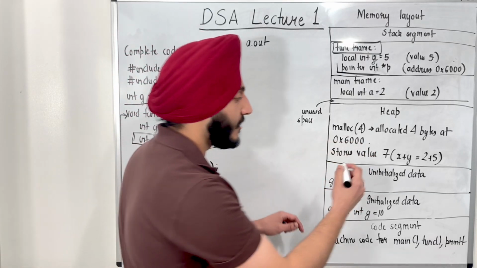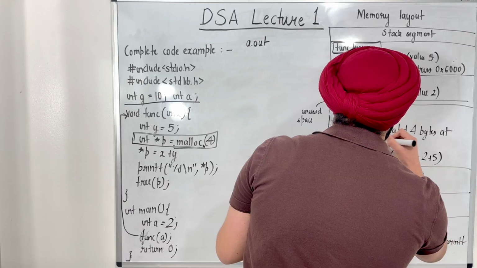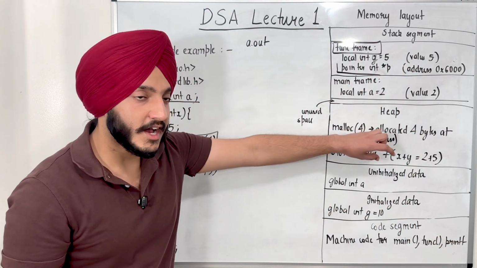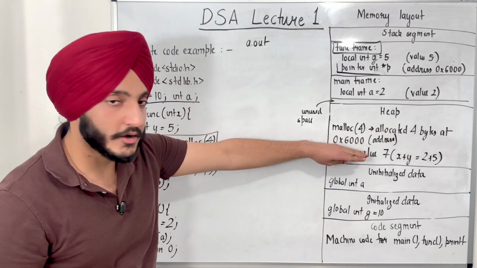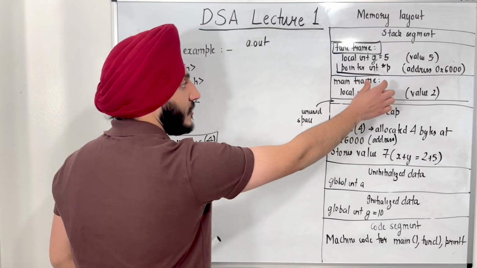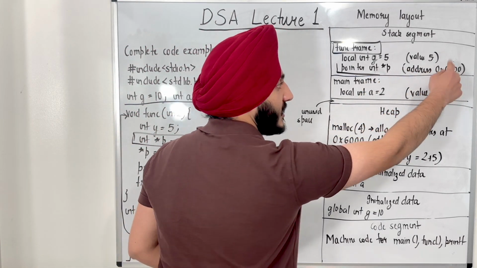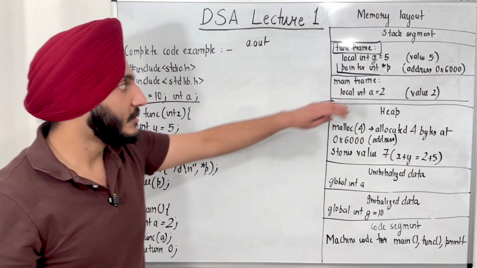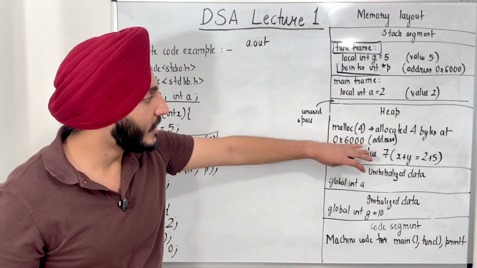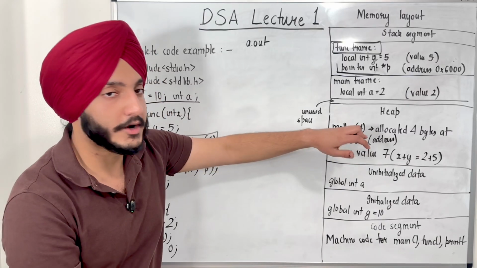So this is like the address over here. What's going to happen is, this pointer is actually going to store the value 0x6000, right? So this pointer would actually have this value, and the heap would have these 4 bytes at this particular address.